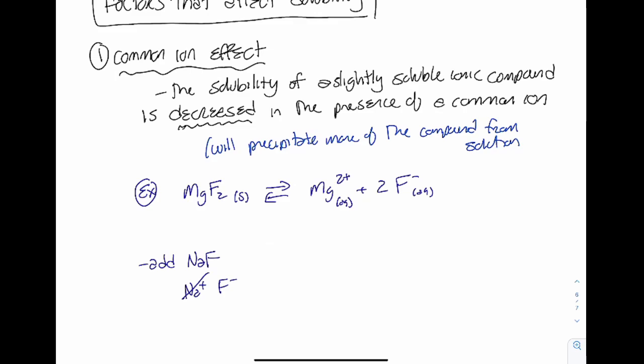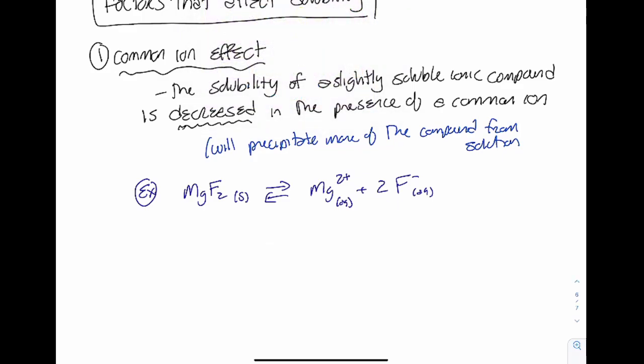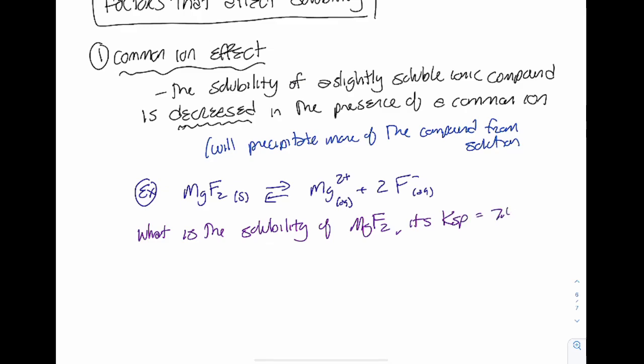I do want to go through a calculation. So I'm just going to erase this temporarily. We're going to calculate the solubility without a common ion, and then we'll add that common ion and calculate our solubility. So using the example that we just had, what is the solubility of magnesium fluoride? And we need its Ksp, and it is 7.4 times 10 to the negative 11th.